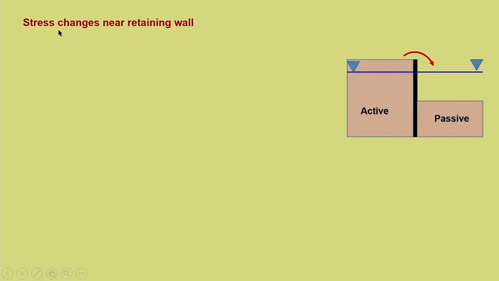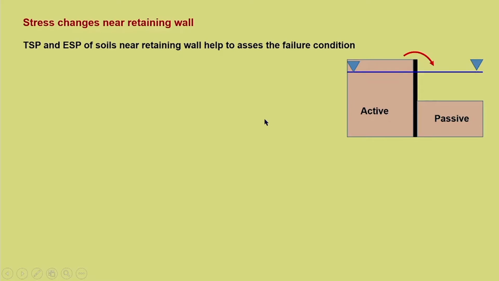Now, let us see another example, where we talk about stress changes near a retaining wall. All of us know a retaining wall can generate movement, and because of this movement there can be failure due to active or passive conditions. Please refer back to the undergraduate portion for understanding this better.